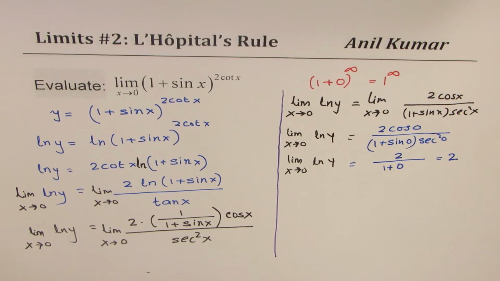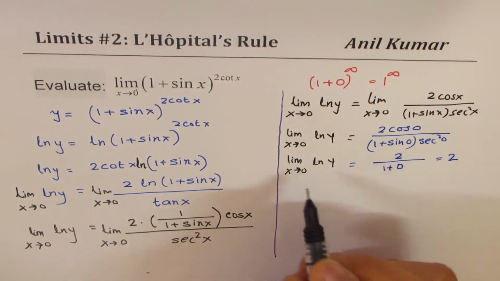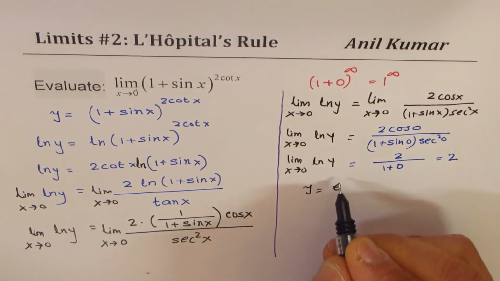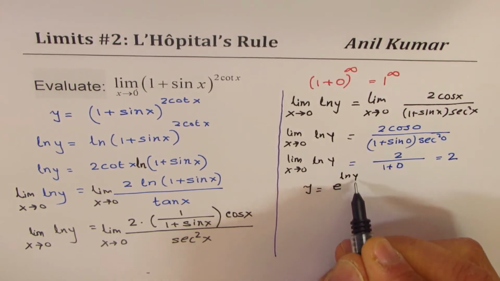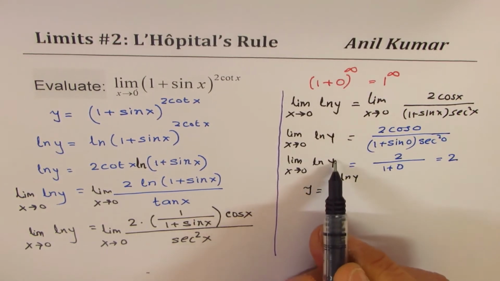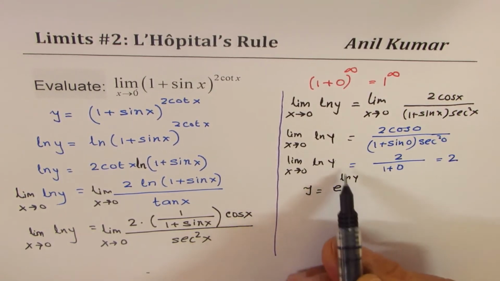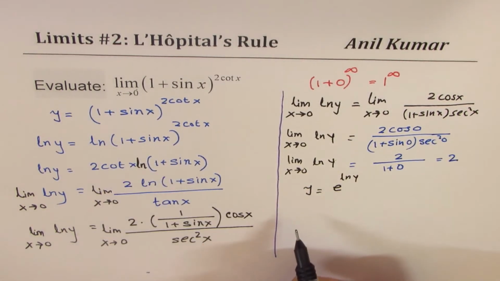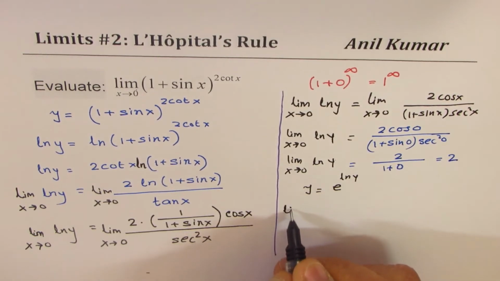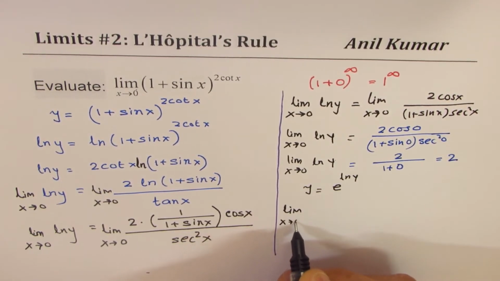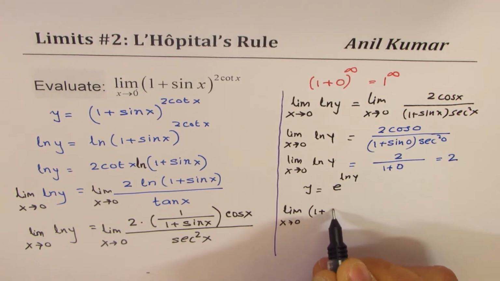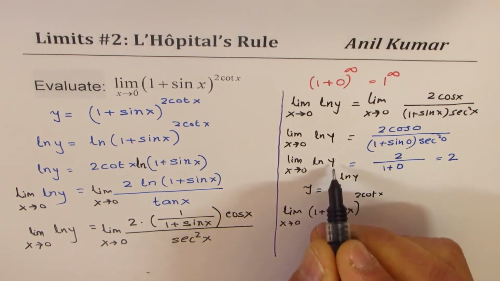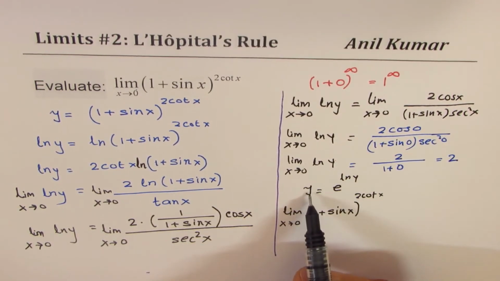Now, we have written y in the form of e to the power of ln y, correct? Since we wrote y as e to the power of ln y, we could now rewrite this back to the way the question is, and say the limit as x approaches 0 of 1 plus sin x to the power of 2 cot x. That is what y is, right?